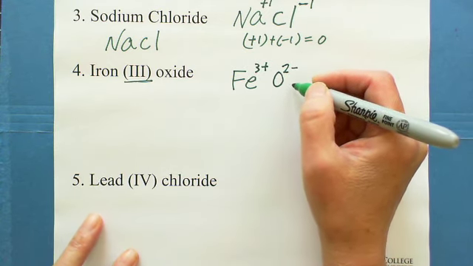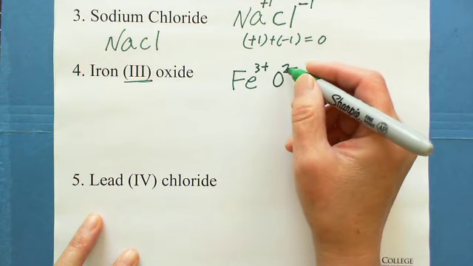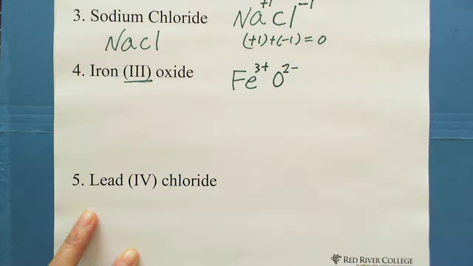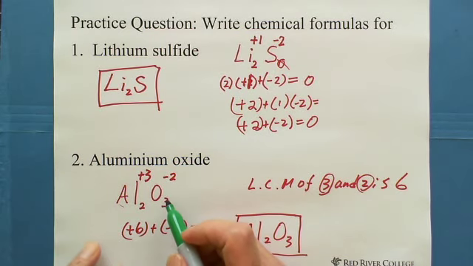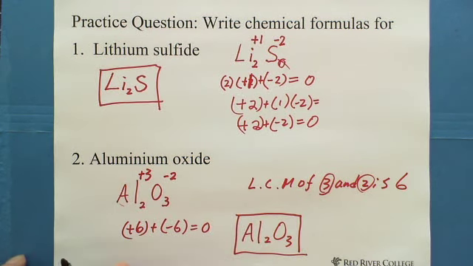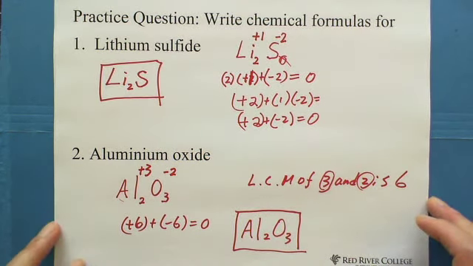Now, to balance it, it's the same thing as aluminum oxide. From the previous one, after this practice, you can find a pattern. This pattern makes you faster, which is a shortcut.